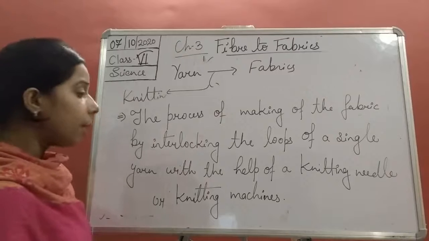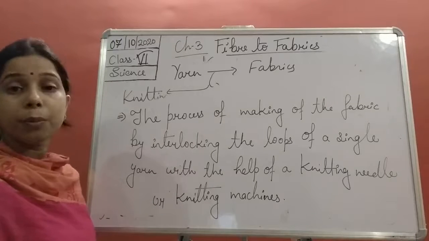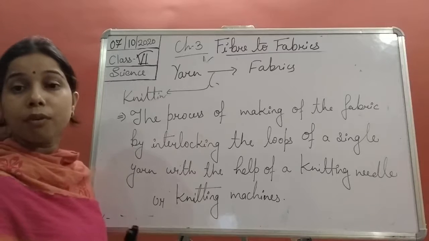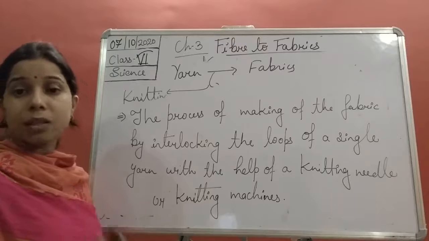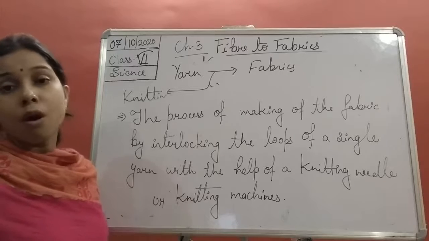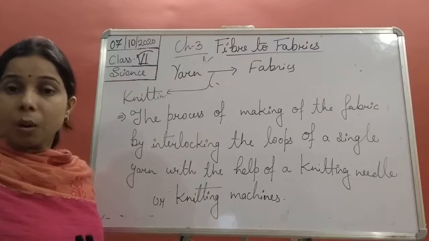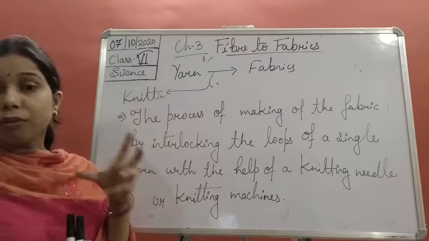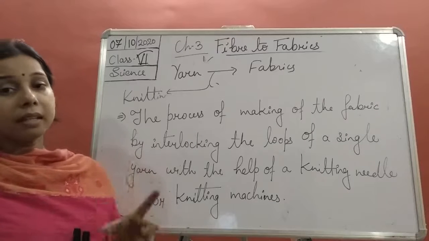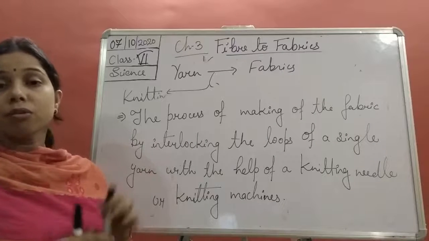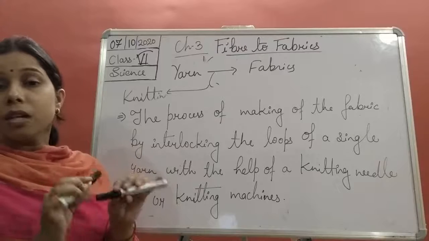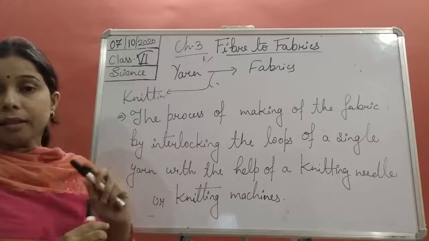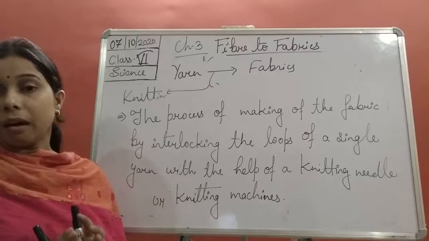Now if we talk about the knitting needle, students, I hope you all know that when your mother is making a sweater with the help of wool, that is the best example of knitting. She is using the knitting needle and a single yarn of wool. With the help of a single yarn of wool, she takes two knitting needles and interlocks the yarn together and finally makes a fabric.